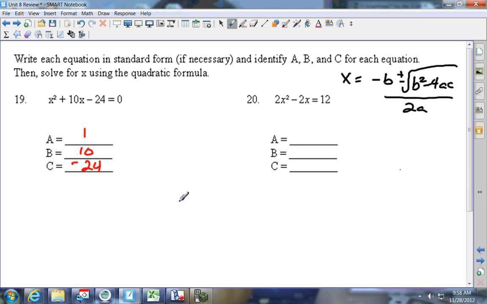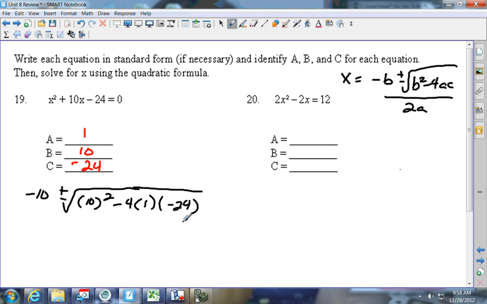So let's put it into this equation. This says the opposite of b. Negative b means the opposite of b. B is positive 10, so it becomes negative 10 plus or minus the square root of b squared. Make sure you put that b in parentheses. 10 squared minus 4 times a, which is 1, times c, which is negative 24, all over 2 times a, which is 2 times 1.